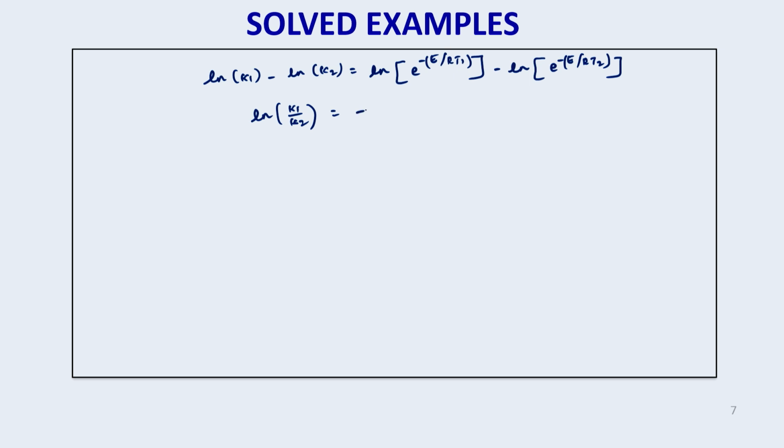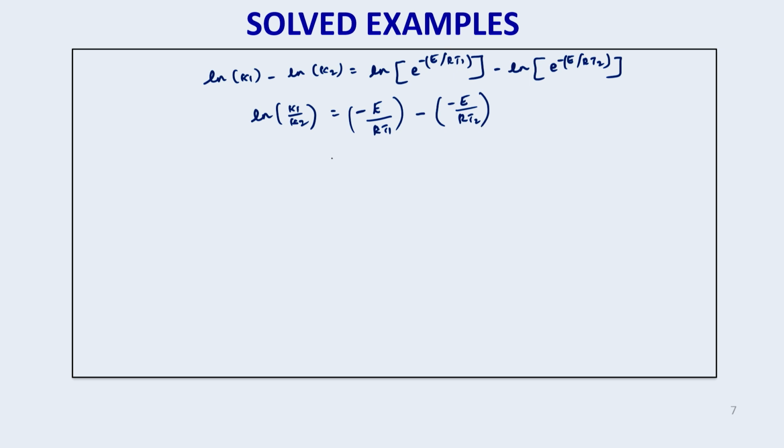So you will have minus E by R into T1 minus of minus E by R into T2.